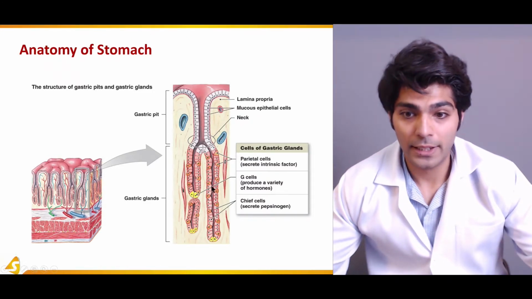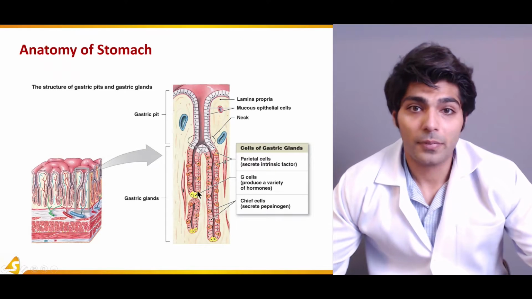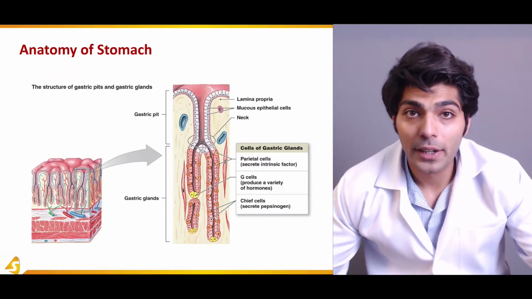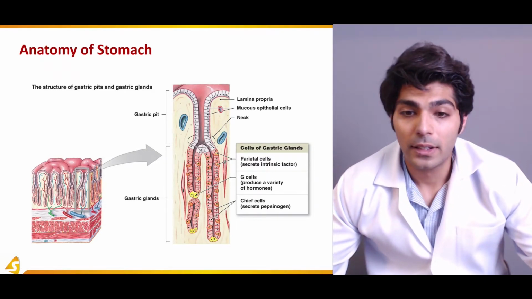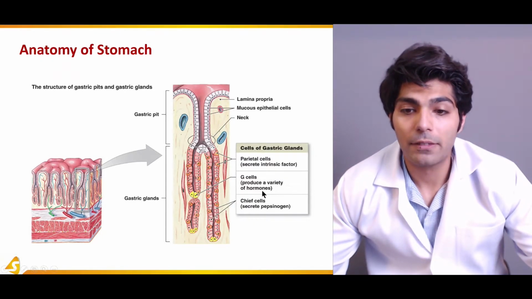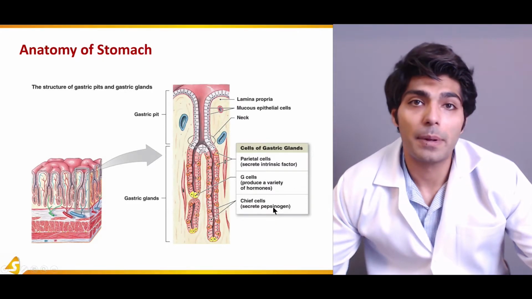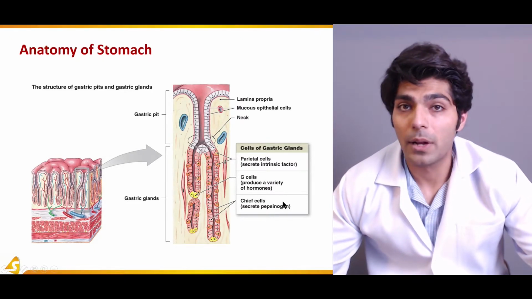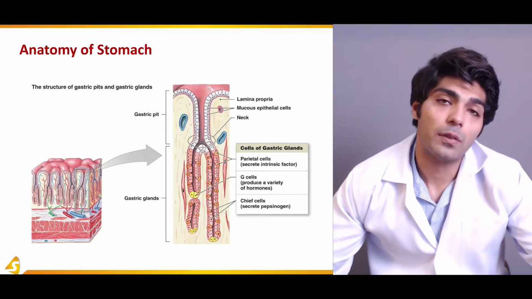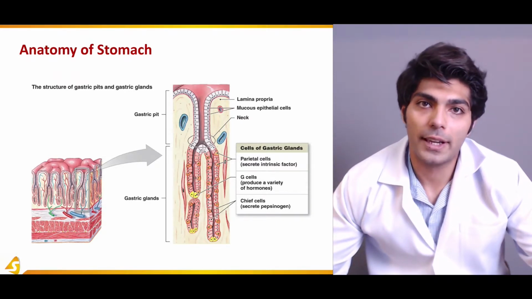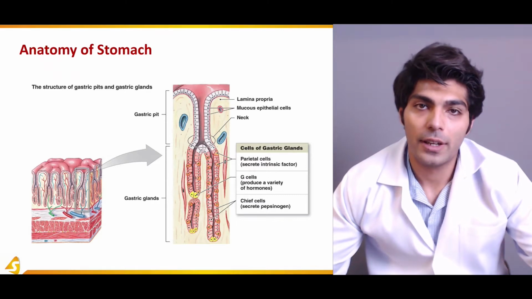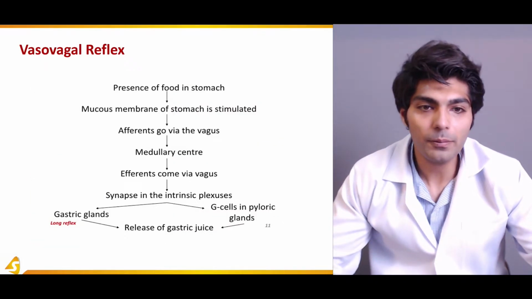Then we have G cells, present in the pyloric area and nearly in the neck area, which produce a variety of hormones. Then we have the chief cells that secrete pepsinogen, an enzyme, which is activated by HCl, hydrochloric acid, for digestion in the stomach.